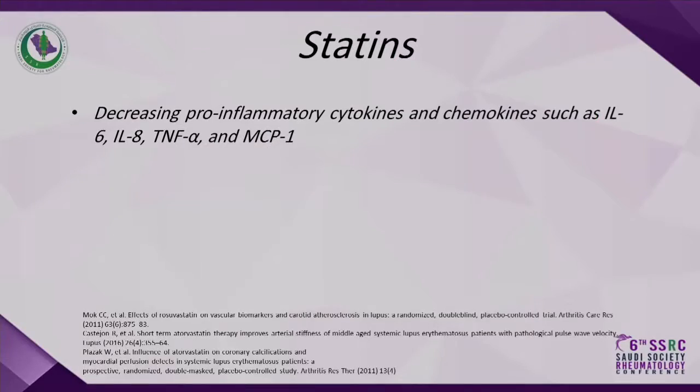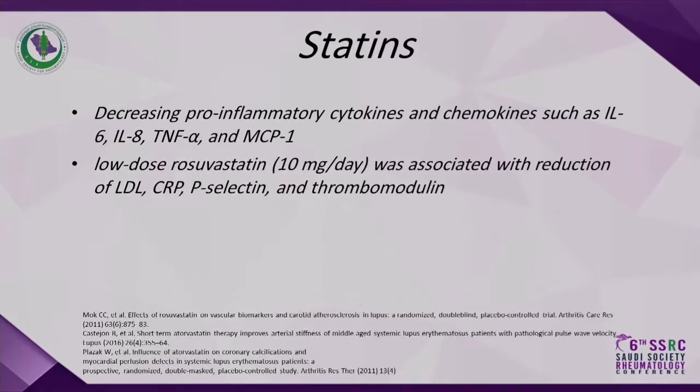And why I'm saying with hyperlipidemia, because when we think about statin and atherosclerosis, it has been shown it reduced many pro-inflammatory cytokines and chemokines, such as IL-6, IL-8, TNF-alpha, MCP1. It has been shown in a small Chinese population over a short term, 8 weeks, that it reduced LDL, CRP, P-selectin and thrombomodulin.